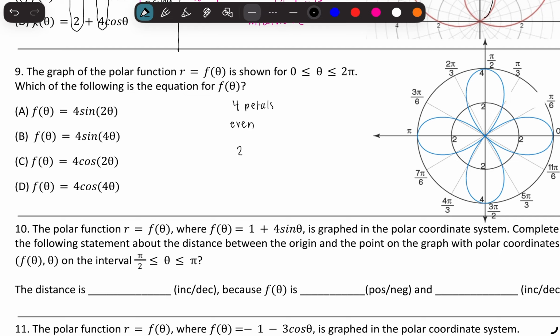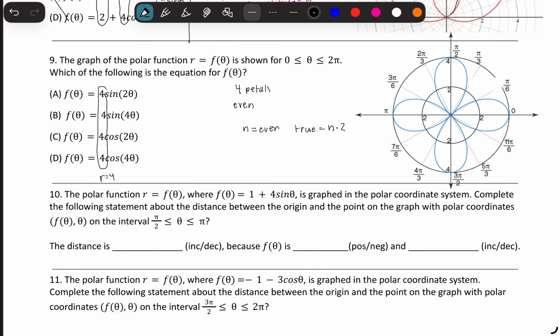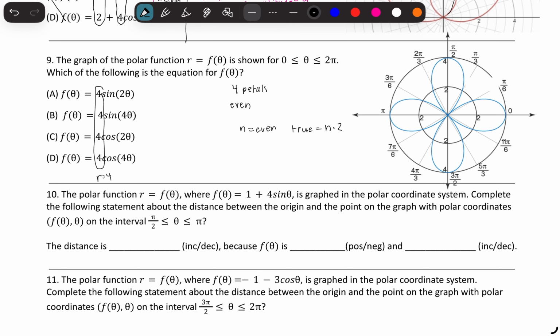Because if you have n and n is an even number, that means your true number of petals is going to be n times 2. Therefore, we can see all of these have a radius of 4, and we can also see that all of these have an even number. But now the question is, which one is it?